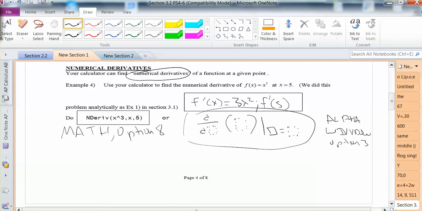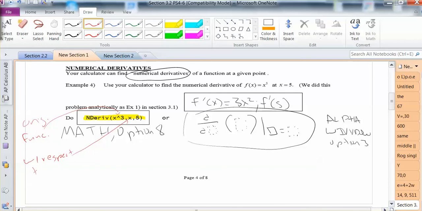Now, if you're in the old operating system, you're going to have to do it like this. We're going to have to type in the function first. That's always going to be the original function. Then you have to state with respect to what you're taking the derivative.